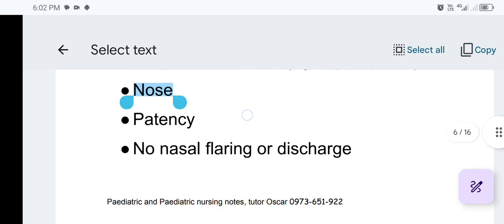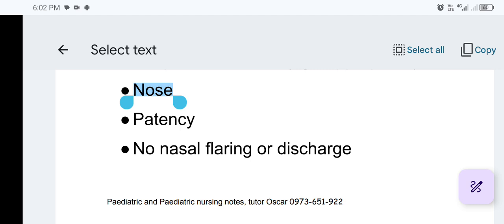So how should the nose be? The nose should be patent, meaning that it should be open enough that you can see it. No nasal flaring or discharge. Nasal flaring is when the nasal openings open wider and close, following their breathing pattern.